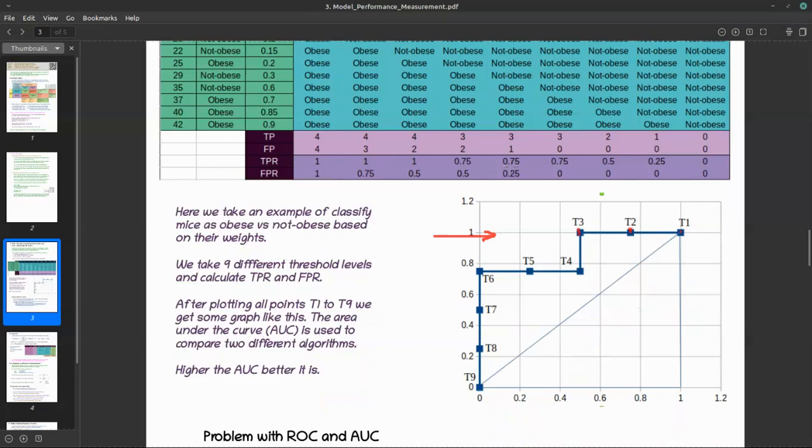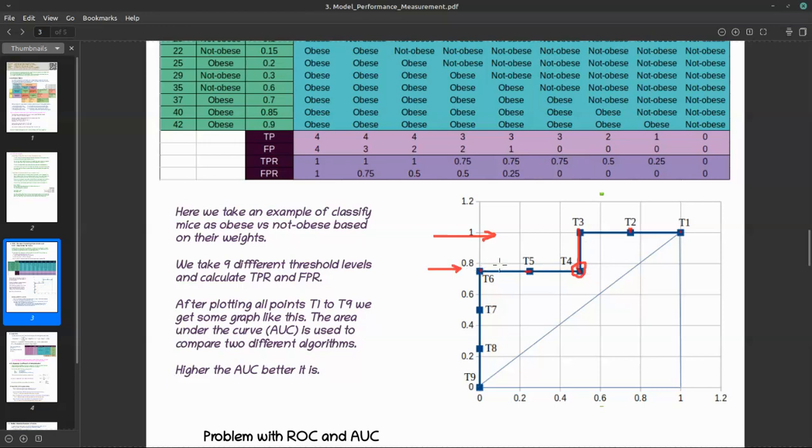My TPR is 1 and my FPR is decreasing. Cool. But as soon as I go to T4, my TPR is 0.75 and my FPR is 0.25. That's also cool, 75% is cool. Again, I increase the threshold, then I go to T5. Good, right? Because still my TPR is 0.75 and my FPR is decreasing one by one.